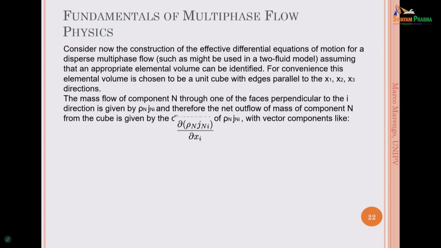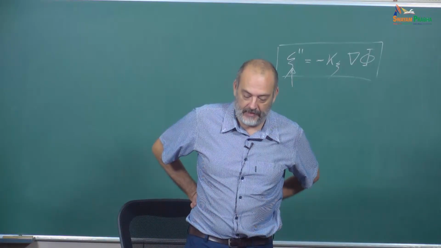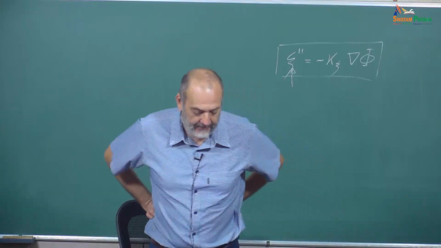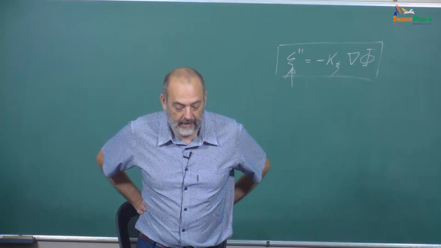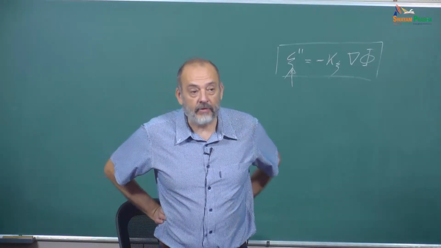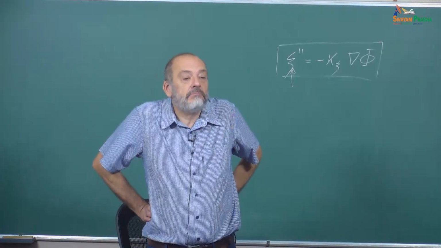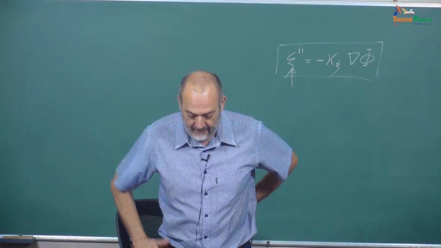Now, we need to write the equation of conservation using the concept that we saw in the previous lecture. The mass flow of a component can be written like rho of the component n times the volumetric J, in the direction that we are choosing, in this case the direction i, the x i.